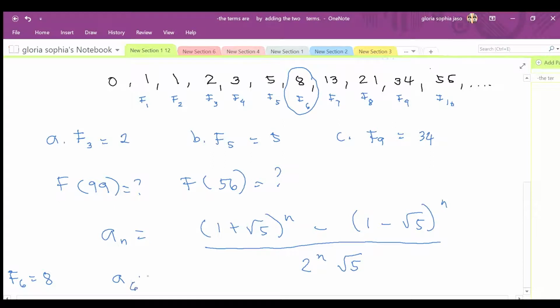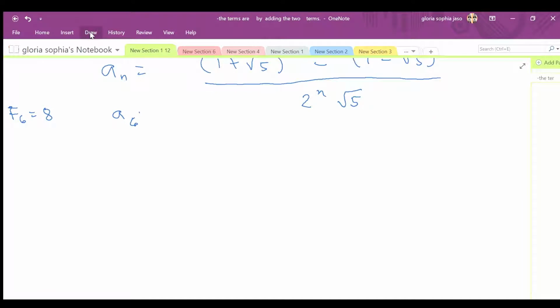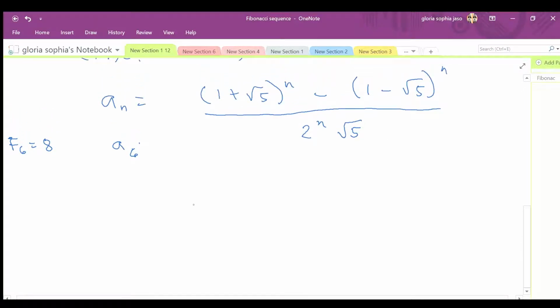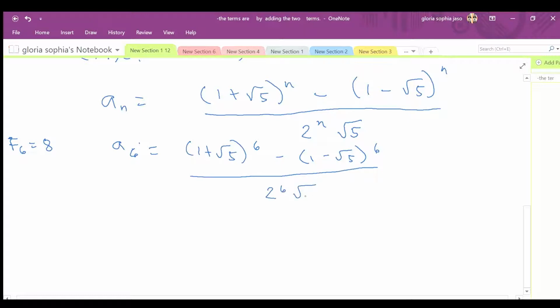So, f sub 6: 1 plus square root of 5 raised to 6 minus 1 minus square root of 5 raised to 6, all over 2 raised to 6 times square root of 5.